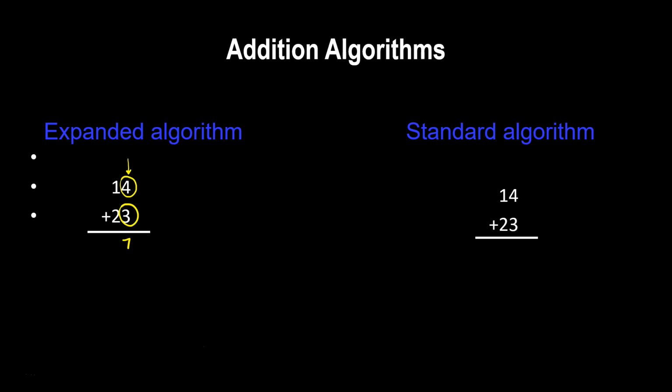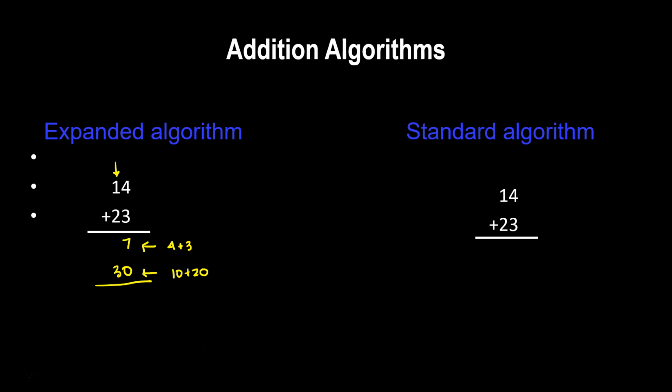And then next, I'm going to look at the numbers in the tens place. That's 1 and 2. But we're really not adding 1 and 2. We're actually adding 10 and 20. In the ones place, we were adding the literal numbers 4 and 3. But when we look at the tens place, we're actually adding the numbers 10 and 20. When we add 10 and 20, we get 30.